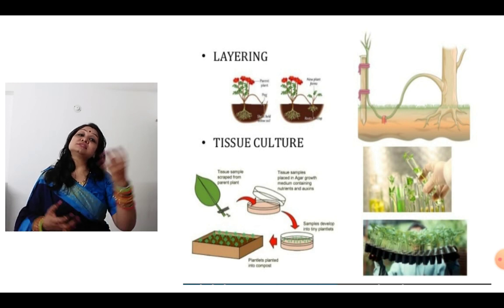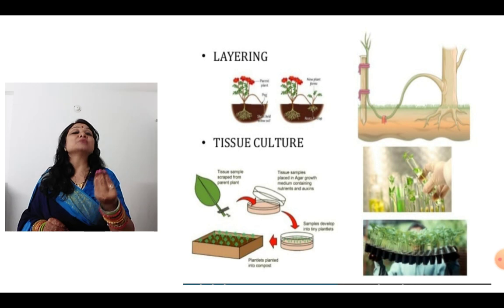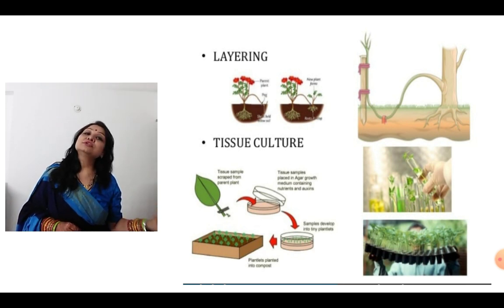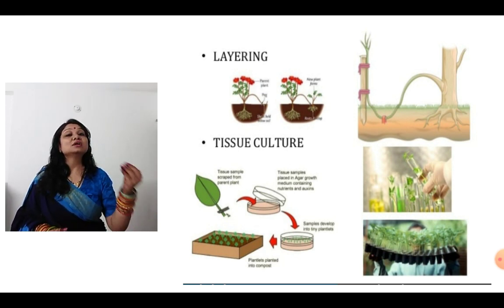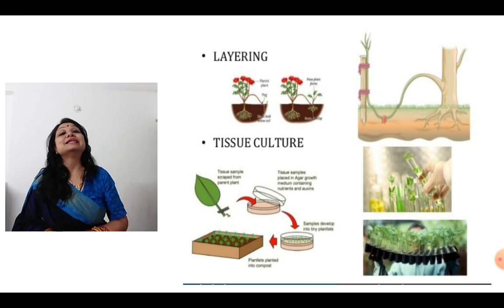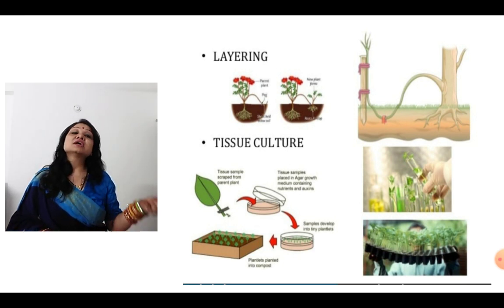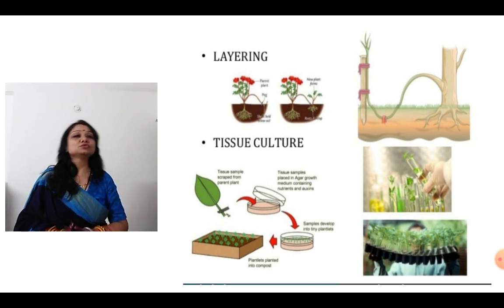Then in this solution itself, in the lab itself, the new plant starts growing. Then these are treated as new young ones, and they are grown in the soil. So basically in tissue culture, the plants are grown in labs from a tissue.